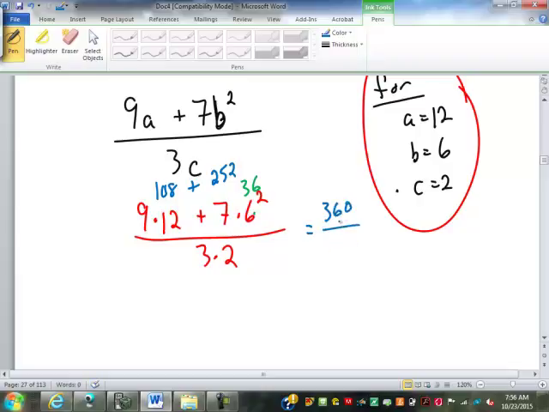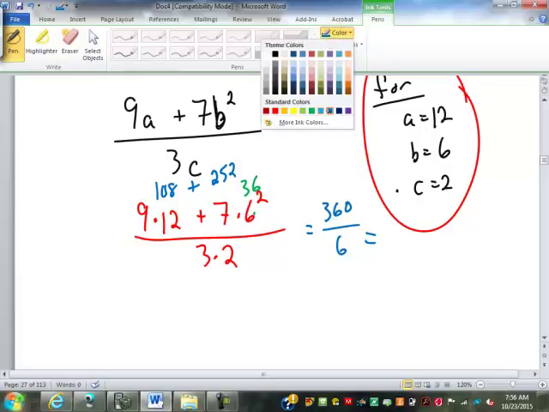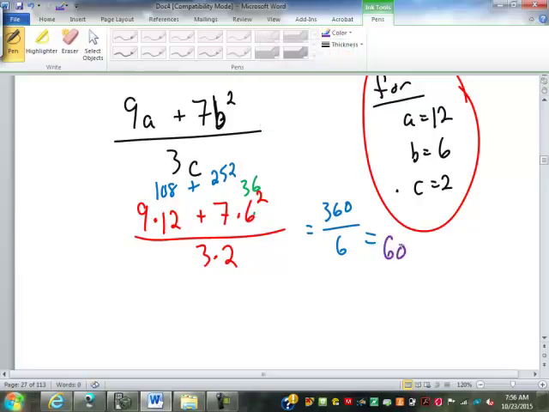On bottom, we have to multiply. 3 times 2 is 6, and then divide. 360 divided by 6 is 60. Questions? Good deal.